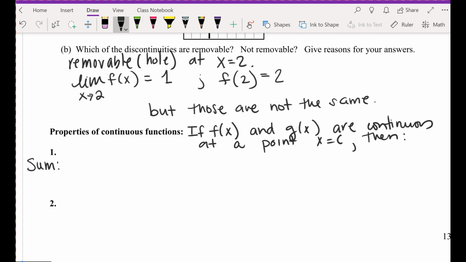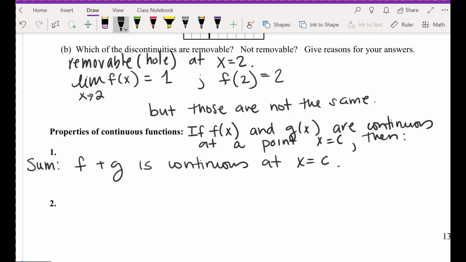So the first one is the sum. f plus g is continuous at the same point. Since we picked c, it should also be continuous at c.